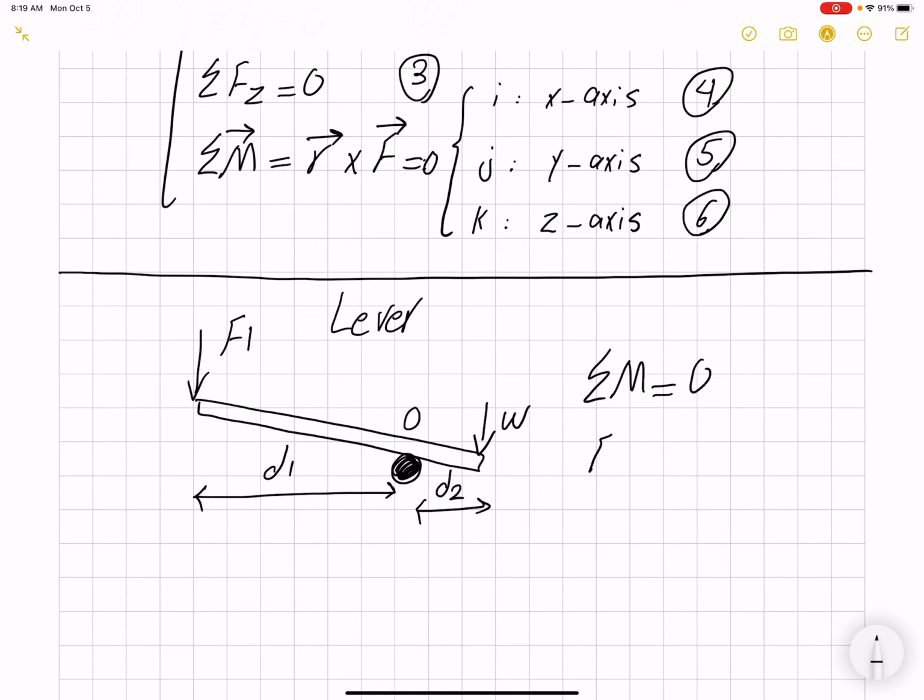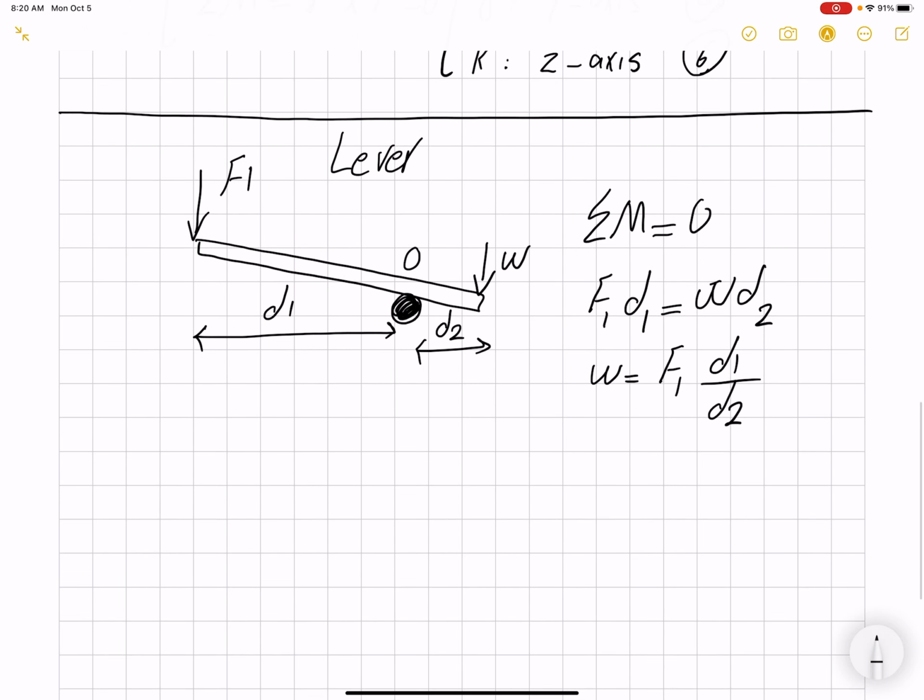That means F1 times D1: if we apply a small load, but the distance D1 is large, then we get a large moment. And if the distance D2 is small, then W has to be large. So the weight that this lever can lift is simply F1 D1 over D2.